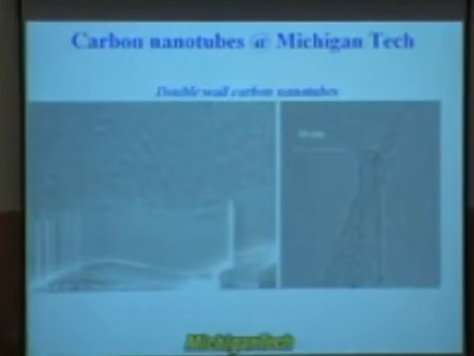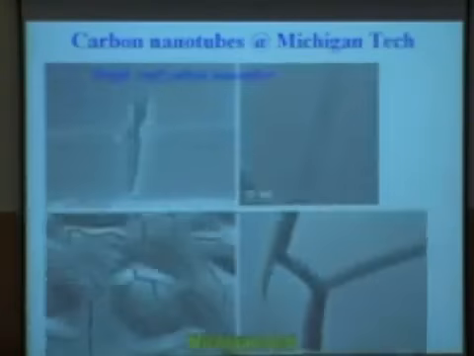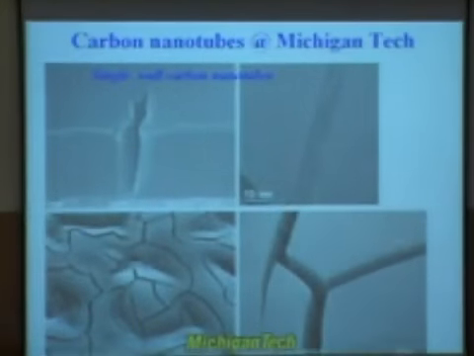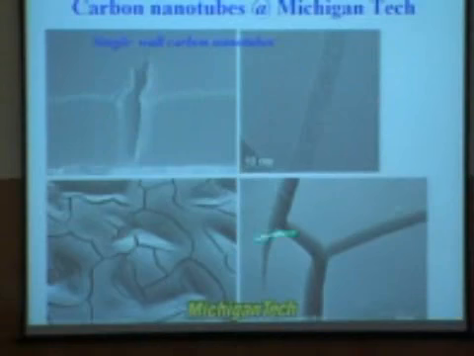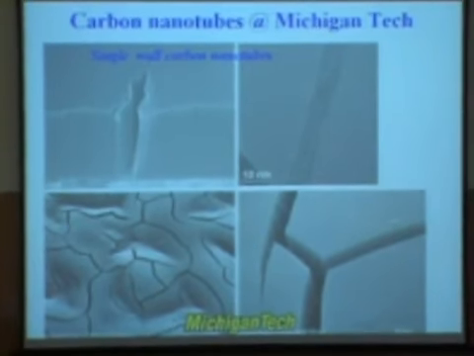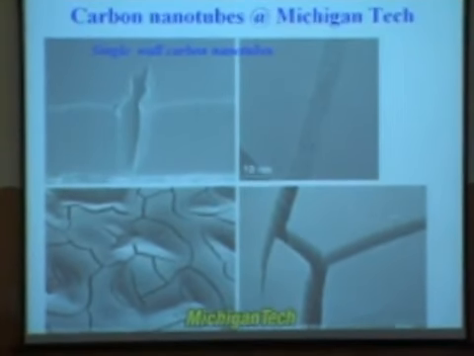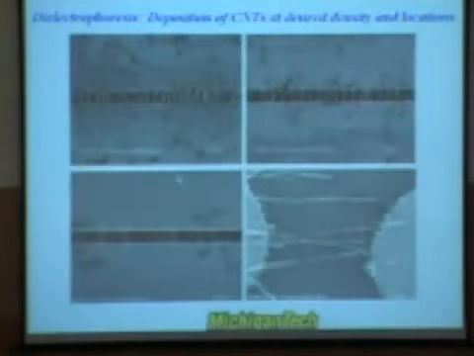Not only multi-wall, but based on the same theory you can make only two walls, what we call double-wall tubes, and of course you can make single-wall tubes. All these can be grown, and the density here is much higher than the work I showed you that was achieved by water vapor. In this case there's no water, which means the tubes should be less damaged. All right, so that is how the growth can be done.